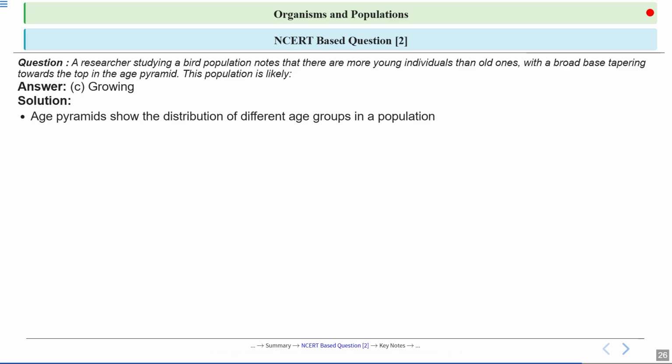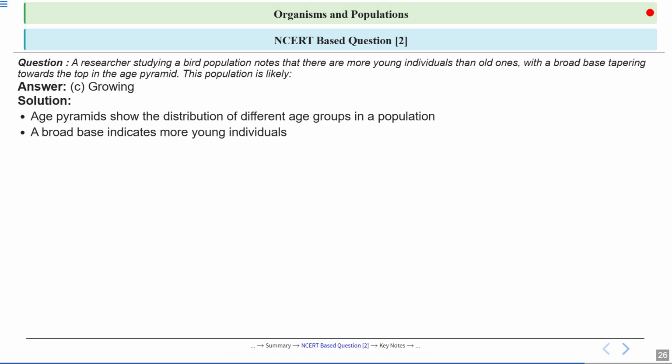Age pyramids show the distribution of different age groups in a population. A broader base indicates more young individuals. Clear? Young individuals can reproduce and produce more offspring. So in an expanding population, more individuals are in the pre-reproductive phase.